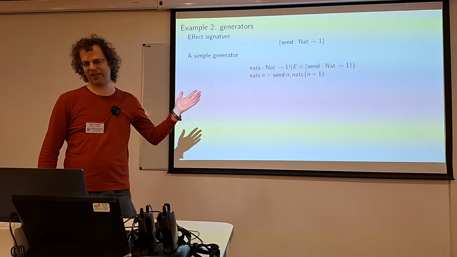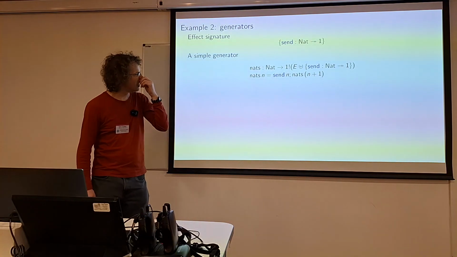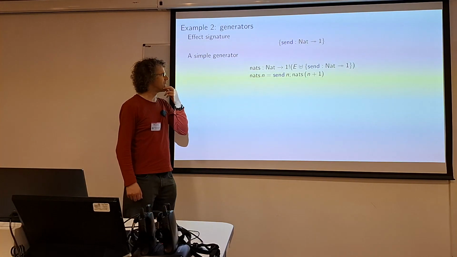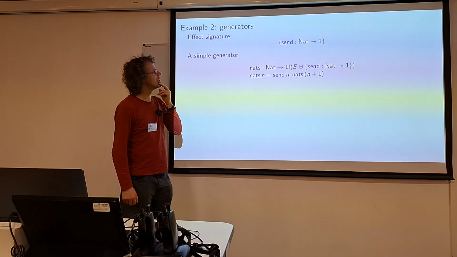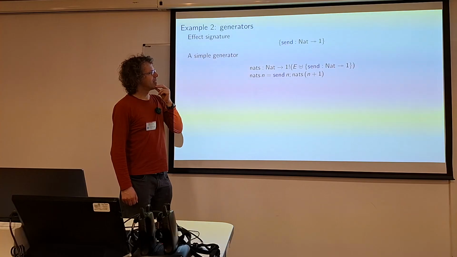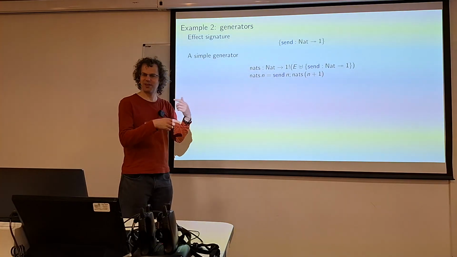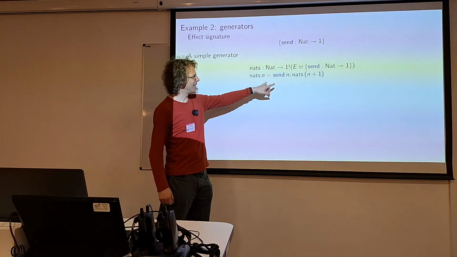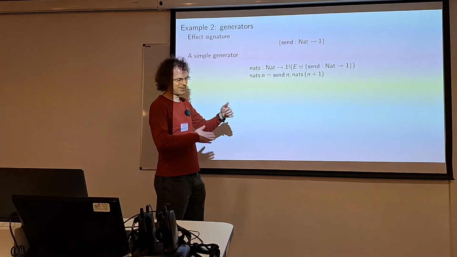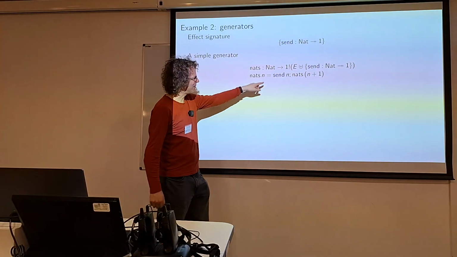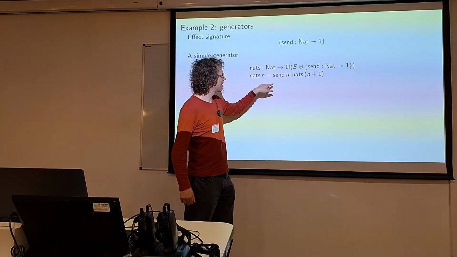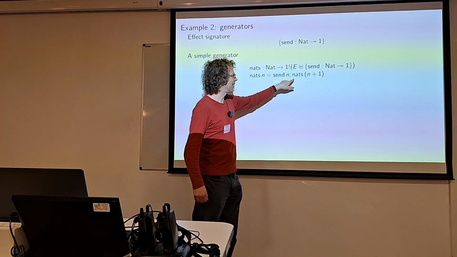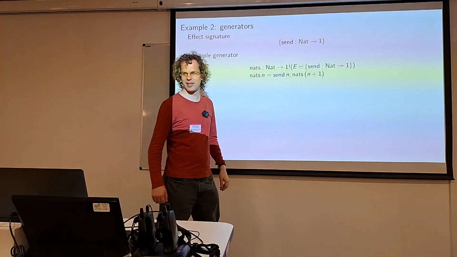So here's an example of a generator. It's going to just send. Well, if you run this naively forever, it's going to just give you a sequence of ever-increasing natural numbers, by invoking the send operation, and then recursing and incrementing.